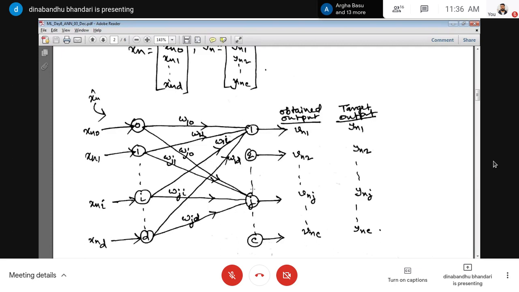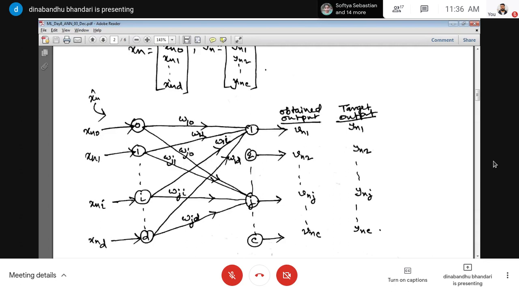Now each node in the output layer will receive a weighted sum. They will receive inputs from all the input nodes, and these input signals will be multiplied with these weights, and there will be a weighted sum in each node. Like in the jth node, the input from the 0th node is xn0, which would be multiplied with wj0.